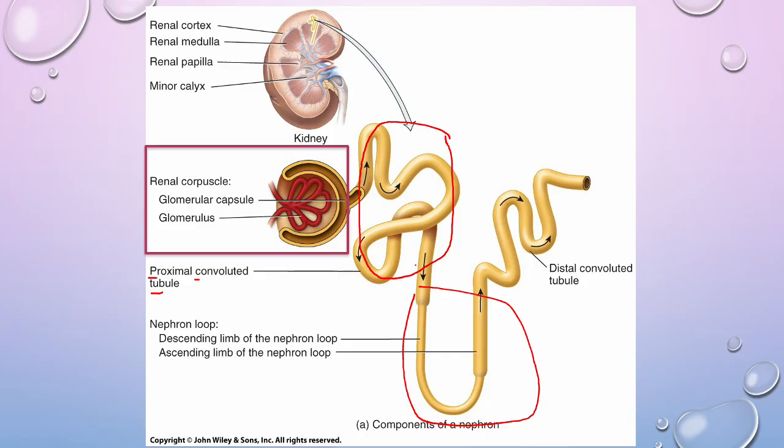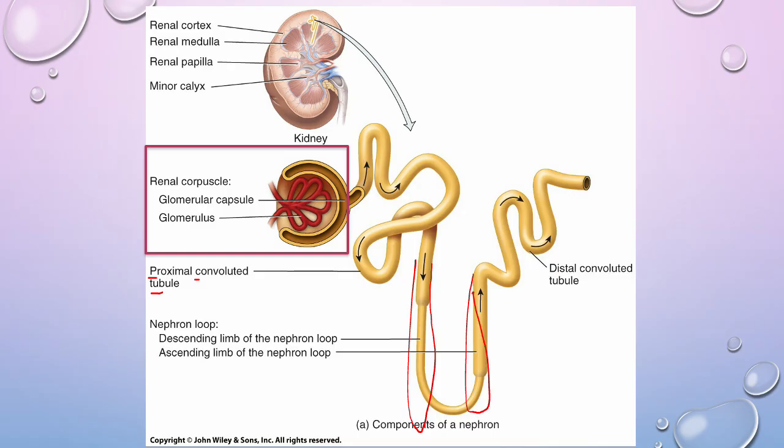It has a descending part because, of course, it goes down, and then it has an ascending part. We can also talk about a thick area and a thin area, okay? But for the purpose of this presentation, so long as you guys know that there is a loop of Henle or a nephron loop that has a descending part and ascending part, I'm satisfied with that, okay?